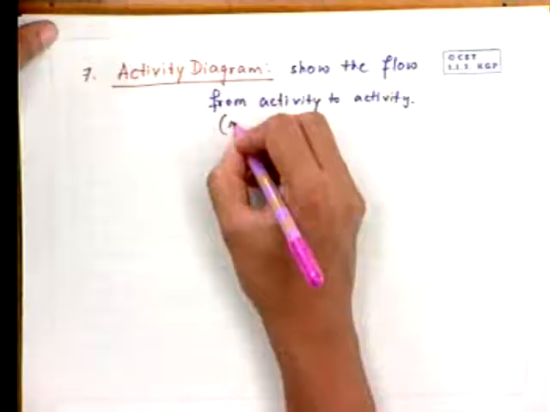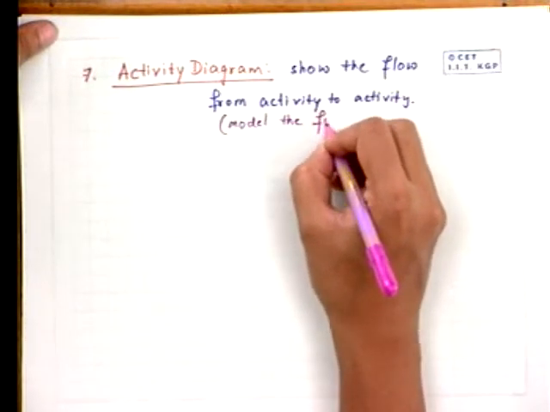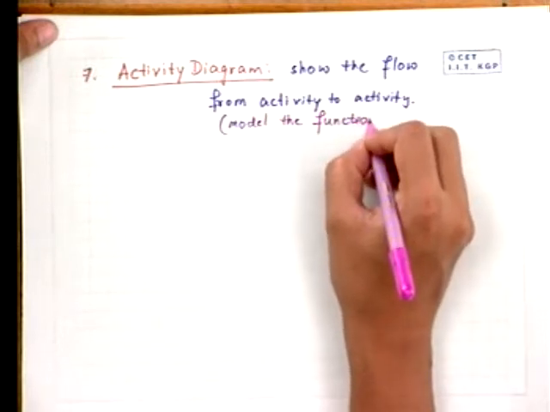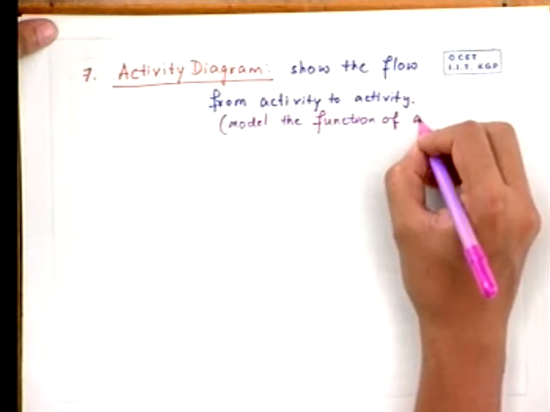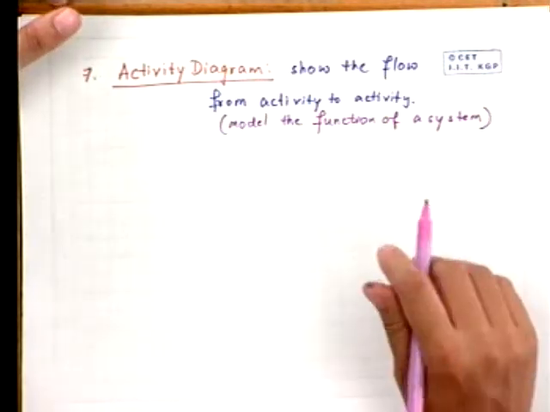They are important in modeling the functional aspects of the system. And emphasize the flow of control between objects.